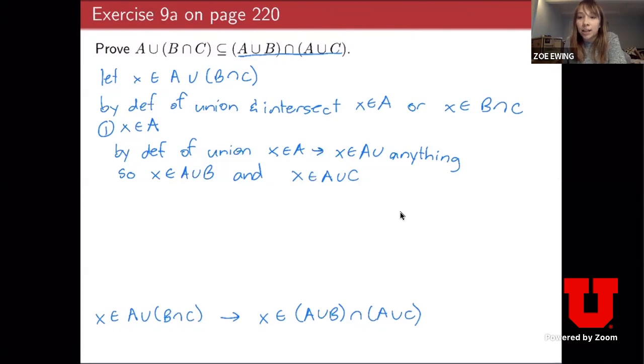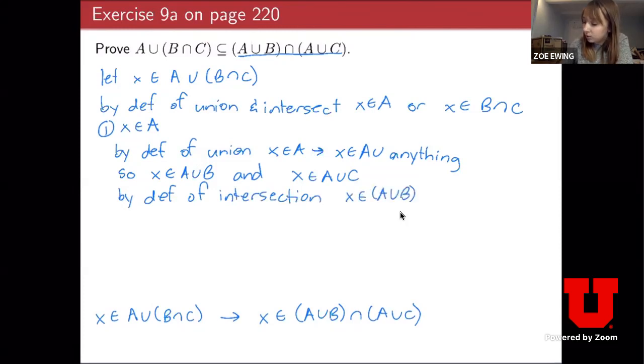All right, so the and, especially when we're working with sets, is going to tell you that if something is in one set and another set, then by definition of intersection, X is going to be in both of those sets. So we've shown that X is in fact in that right-hand set.